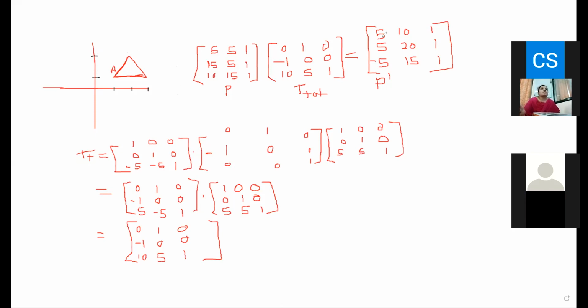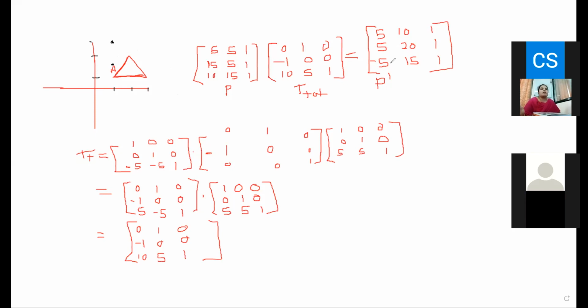Okay. So this 5, 10. So 5, 10 is this point. Then 5, 20. So 5, this is 15, this is 20. So 5, 20 is this point.